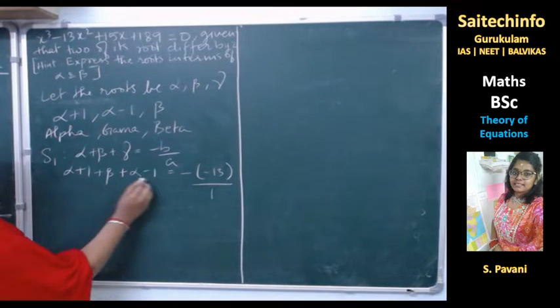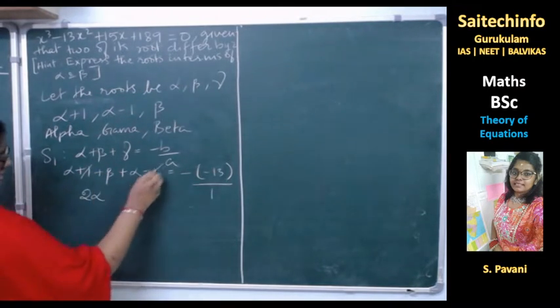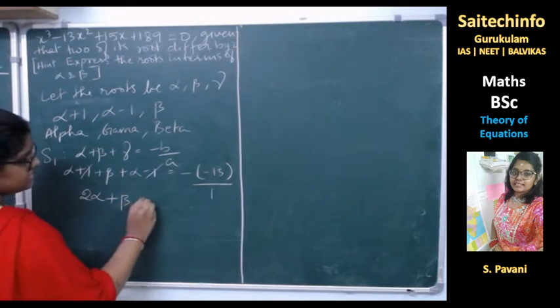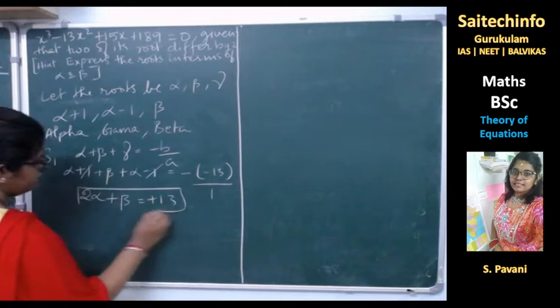So alpha plus 1 plus beta plus alpha minus 1: 2 alpha, the 1s get cancelled, plus beta is equal to 13. So this is the first equation we are getting.